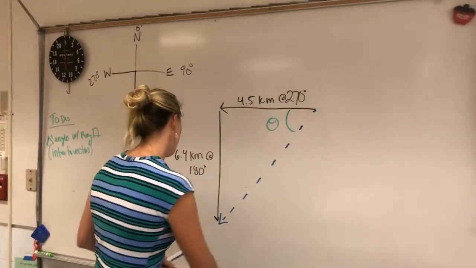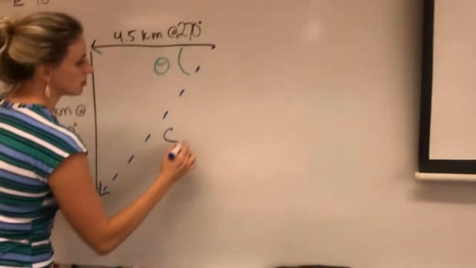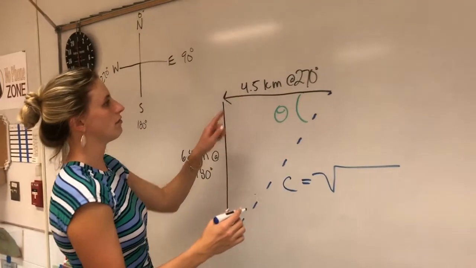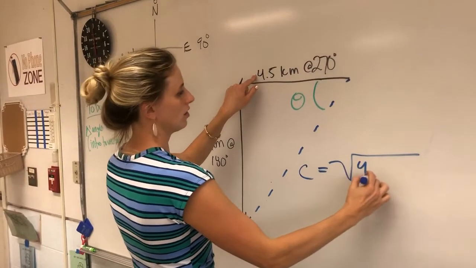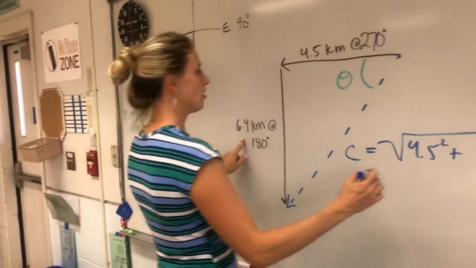Use Pythagorean theorem. So this is like a squared plus b squared equals c squared. This is going to equal the square root of a squared plus b squared. And it doesn't matter which one is a.